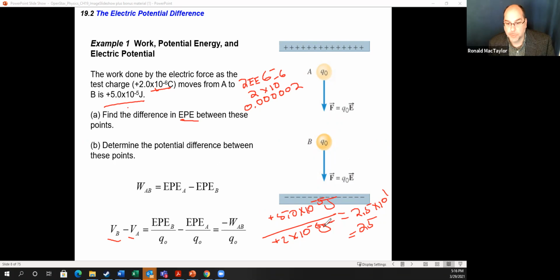Oh, I'm a dope. Joules per Coulomb, 25 volts. Sorry about that. The quantity of charge is in coulombs, so joules per Coulomb, and the units is volts.